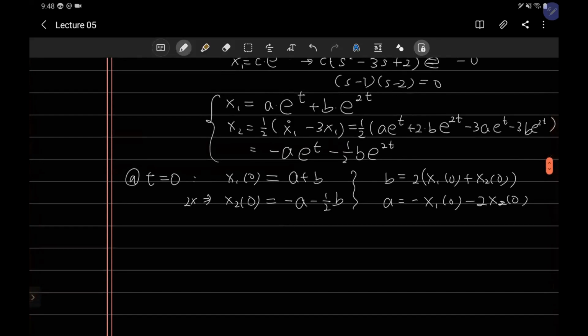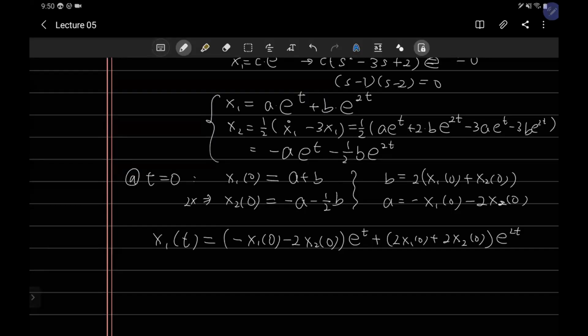Okay, now that we have everything correct, I can rewrite x1 of t by plugging in all those relations. Let me do that by myself. Replacing a and b with these, I can obtain this. Then we can collect the x1(0) common factor: minus e to the t plus 2 times e to the 2t.